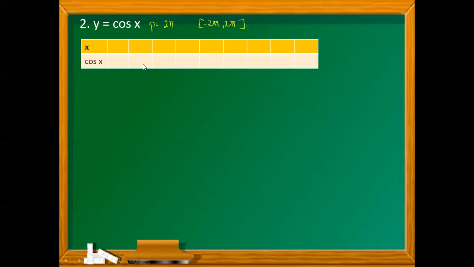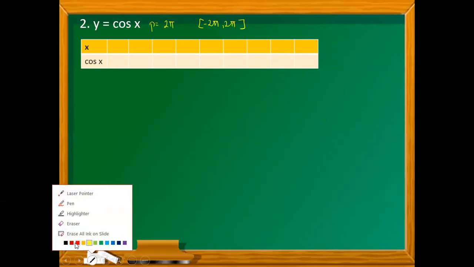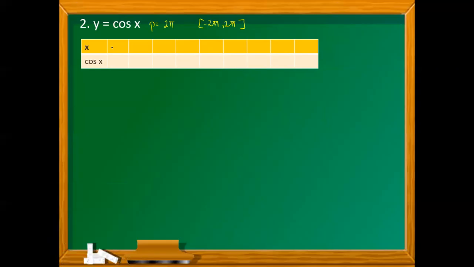Since they've got the same period with sine, we'll make use of the x coordinates that we have used in the previous example. So this would be negative 2 pi, negative 3 pi over 2, negative pi, negative pi over 2. We have 0, and then pi over 2, pi, 3 pi over 2, and then 2 pi.